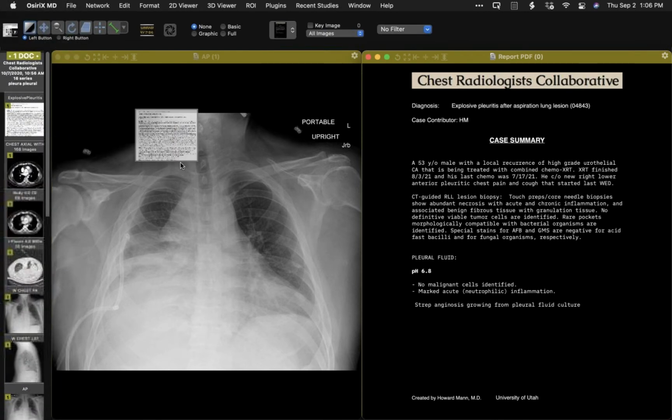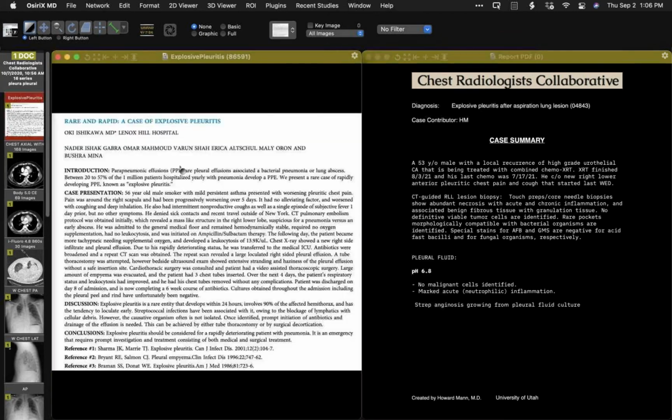My clinical colleague shared this with me. This is not from a journal, but an abstract from a presentation at a meeting describing a case of so-called explosive pleuritis. You can see a description of the development of the effusion, antibiotics were given, and the patient was ultimately diagnosed with an infection.